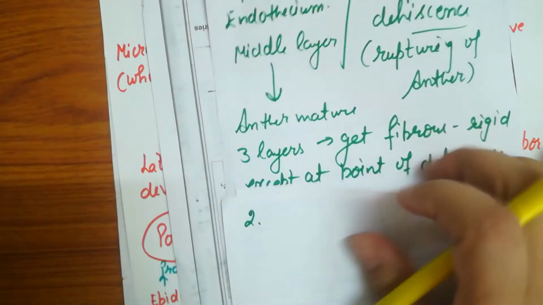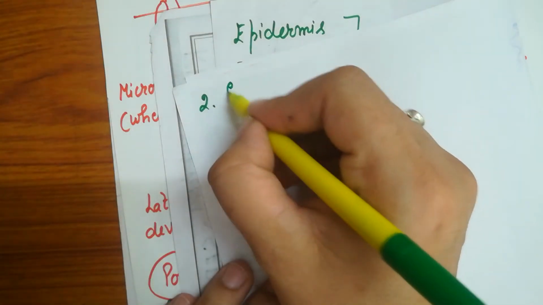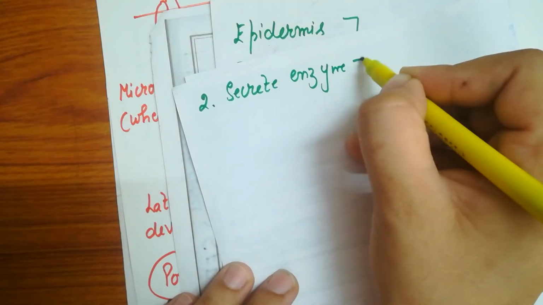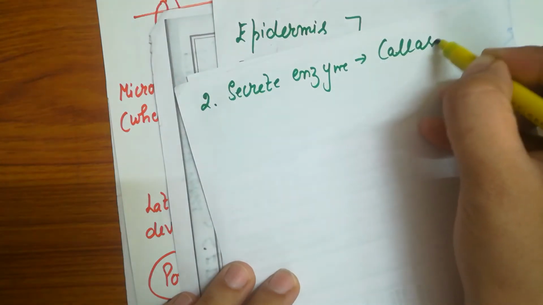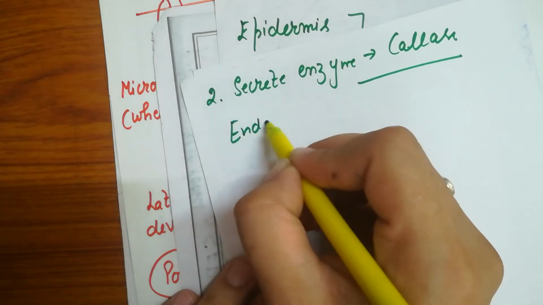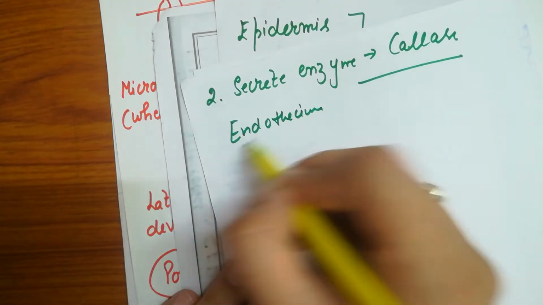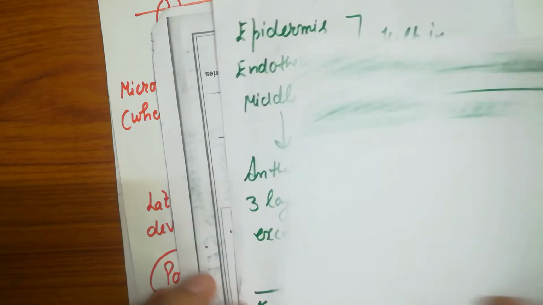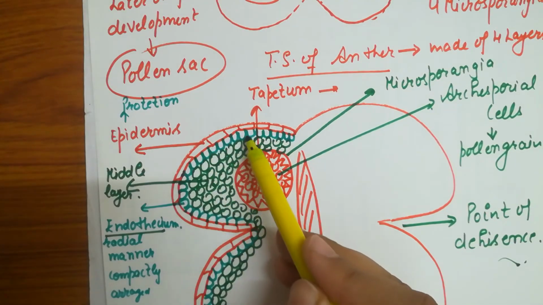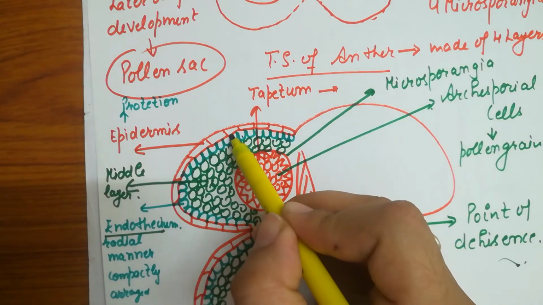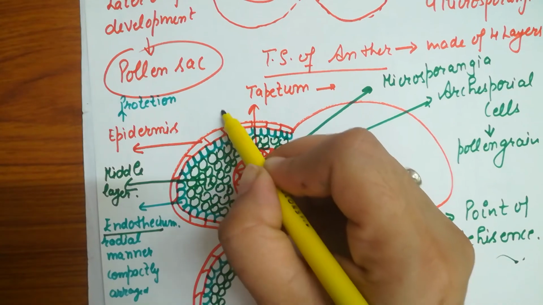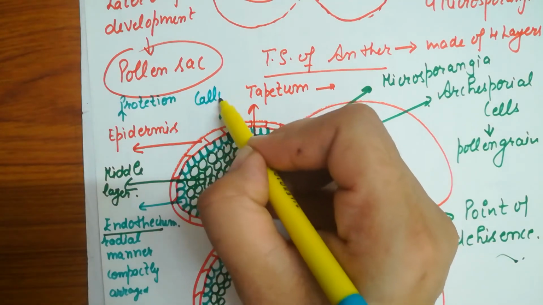Second very important function, it secretes enzymes. Which enzyme does it secrete? That is callase. When we draw the endothecium layer, I said that these radially arranged cells have thickenings, and these thickenings have callose.